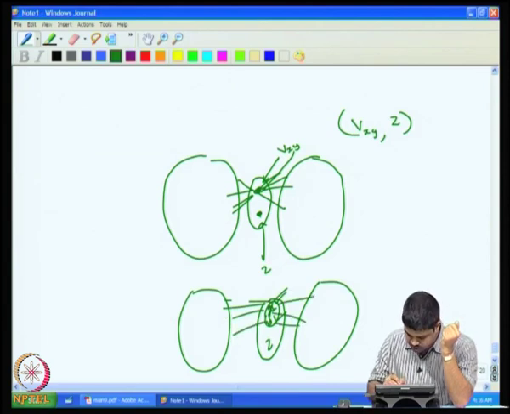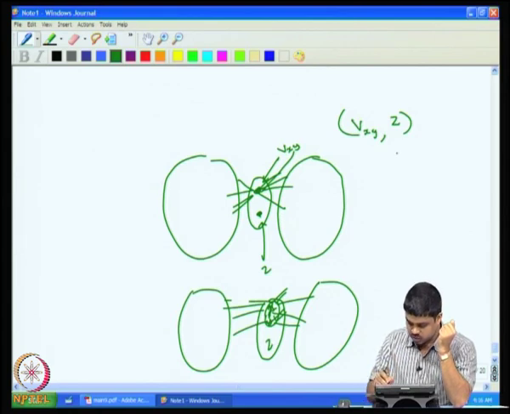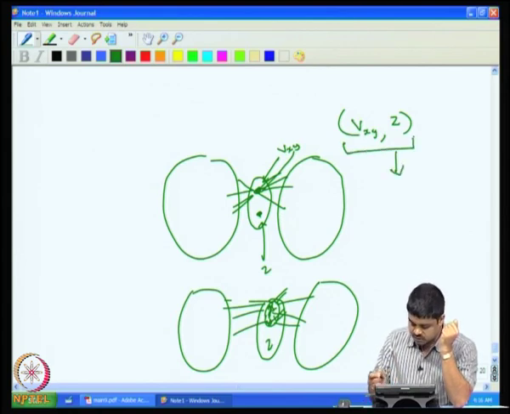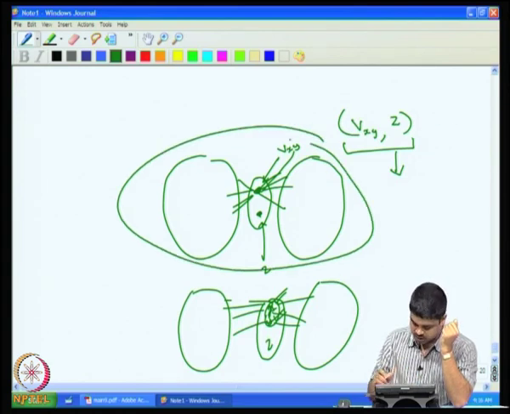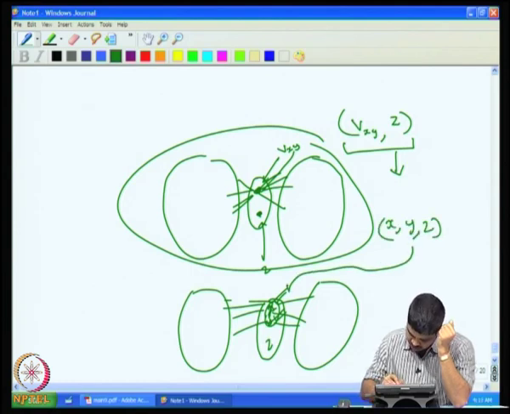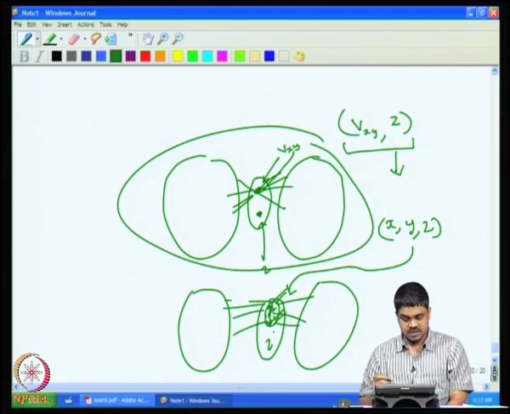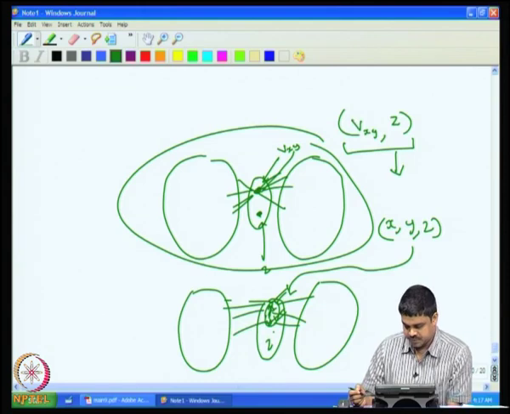So if I remove x and y both, the separation will happen even in the original graph. So if vxy, z is a separator for the graph after contraction, then x, y, z is a 3-separator for the original graph G.